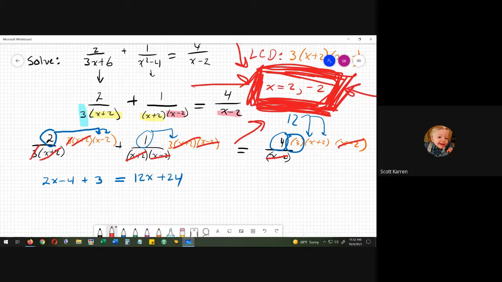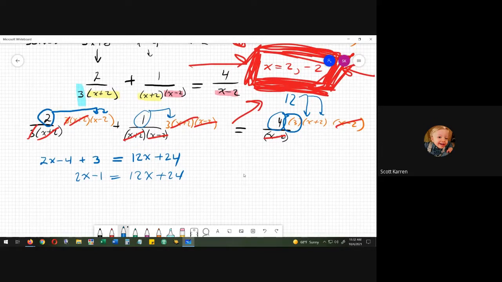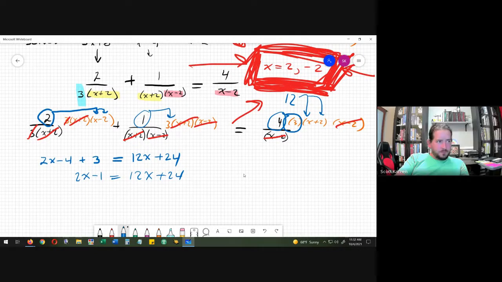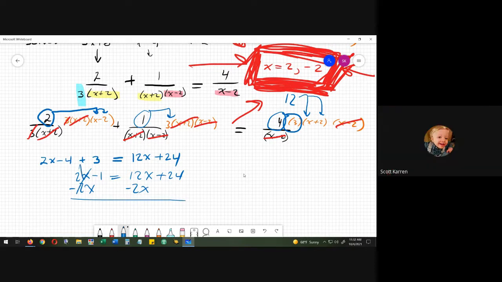All right. So then we just solve this, right? So on the left-hand side, I can simplify negative 4 and 3. This gives me 2x minus 1 equals 12x plus 24. And then minus 2x, I'm going to get the 2x's off to the right-hand side. So I'm going to subtract 24. That gives me negative 25 equals 10x.